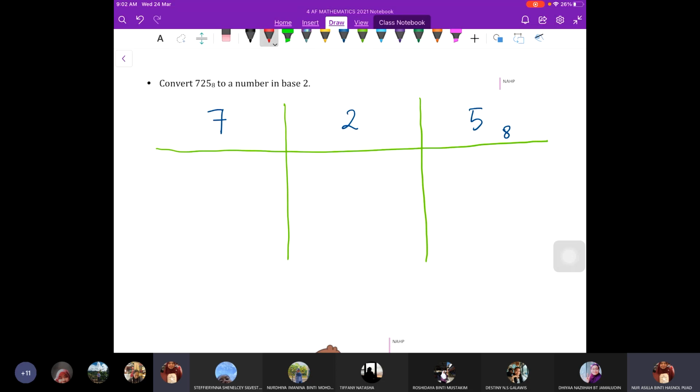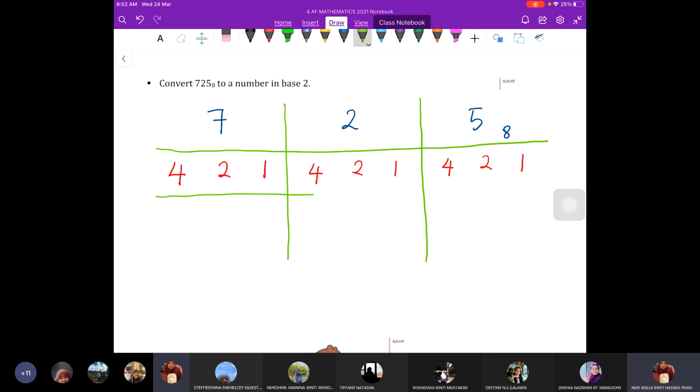Okay, kemudian mesti letak. Kita ada 1, 2, 4. Ingat datang dari mana? Sebab 2 kuasa kosong, 2 kuasa 1, 2 kuasa 2. So 1, 2, 4, 1, 2, 4 each.